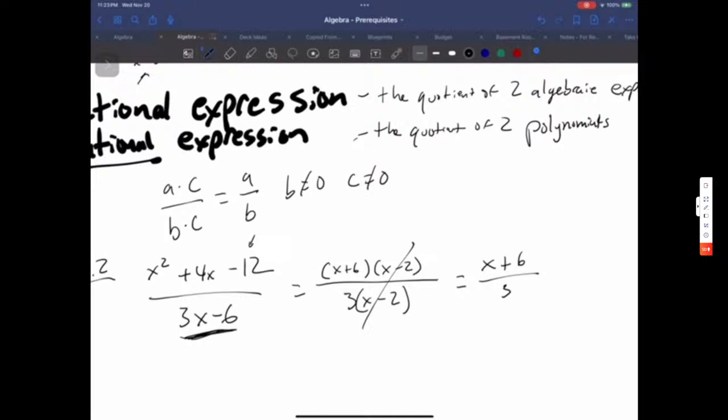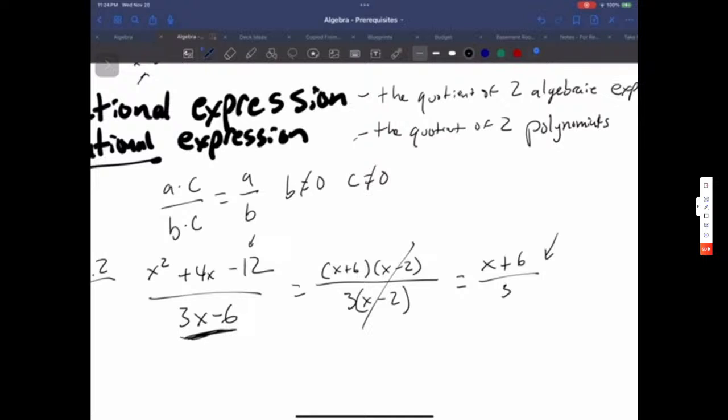So this is not equivalent until you say that the domain of this last expression that we get is restricted to all x not equal to 2. It's very pedantic, and only the strictest of teachers will counter it because they are looking for it.